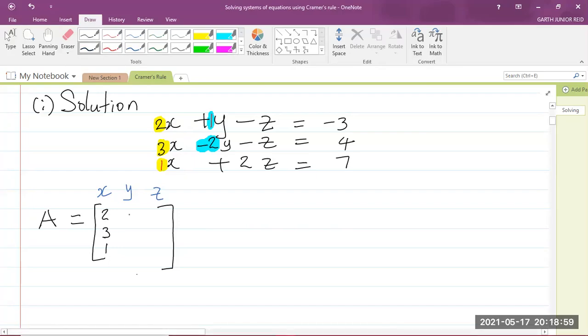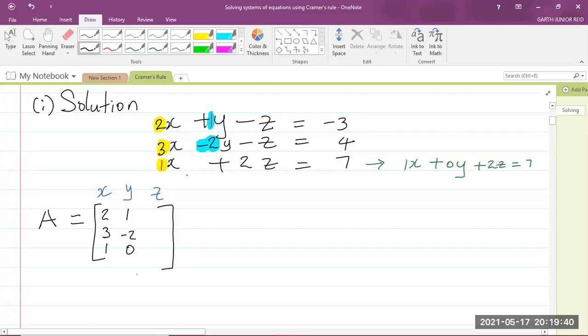I know that I'm going to have the 1 and the -2, but what is the third element in this column? I can rewrite this equation as 1x plus 0y plus 2z equals 7, because 0 times y is 0. So 0 is going to be my coefficient for y. Once you don't see the term you're looking for, it means that the coefficient of that variable is going to be 0.